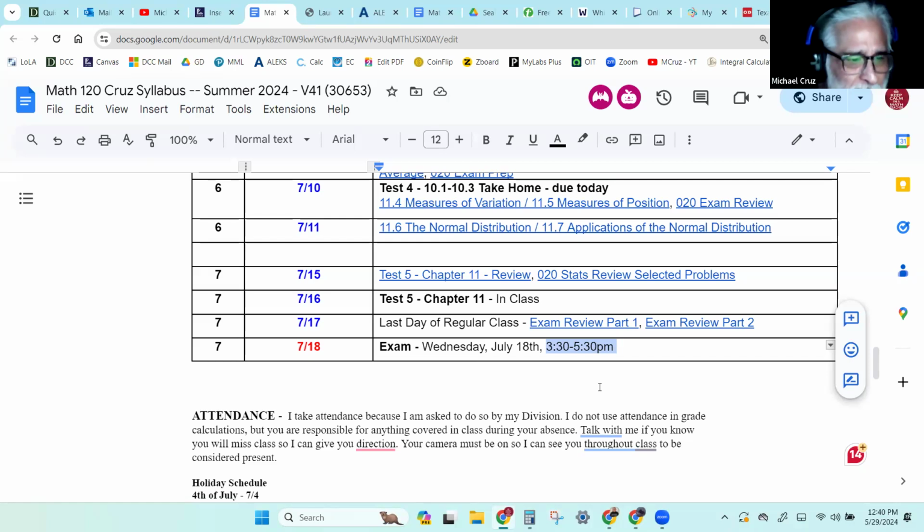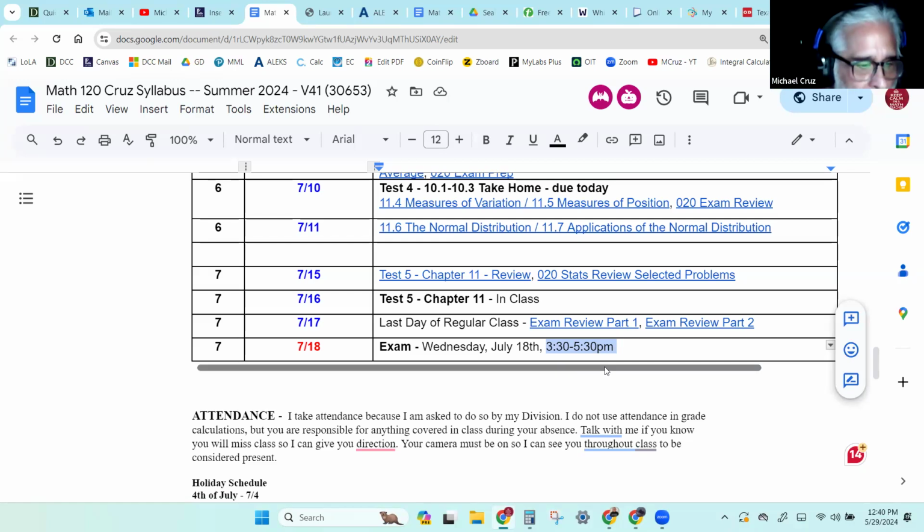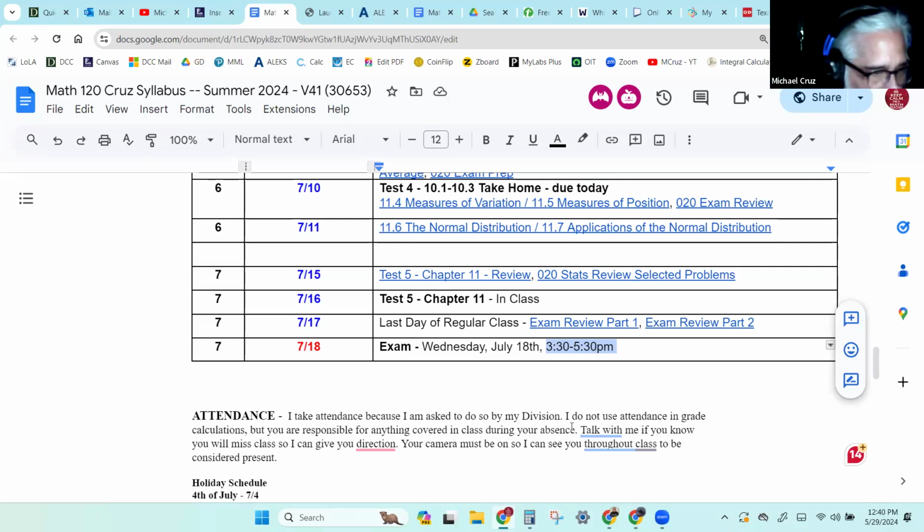And if we start changing it too much, there'll be conflicts because it's the way it's set out now. There will be no conflicts with any other class at Delgado. So on that 18th, we get half a day. We get like 3:30 and 5:30 and 6 to 8 p.m. Strange, but that's the way it works.